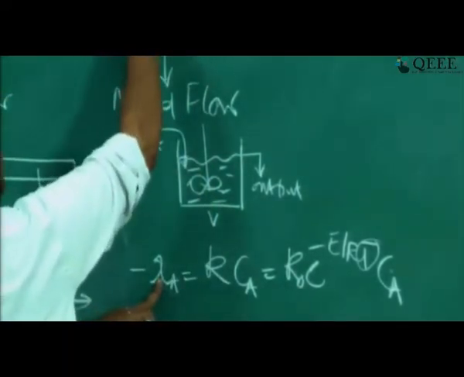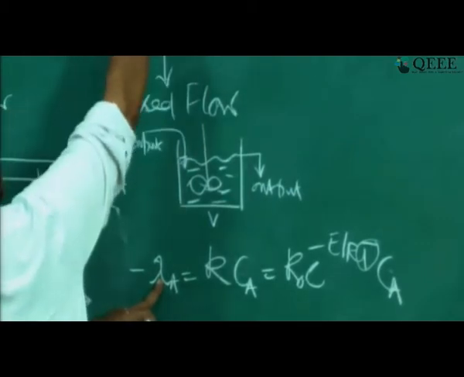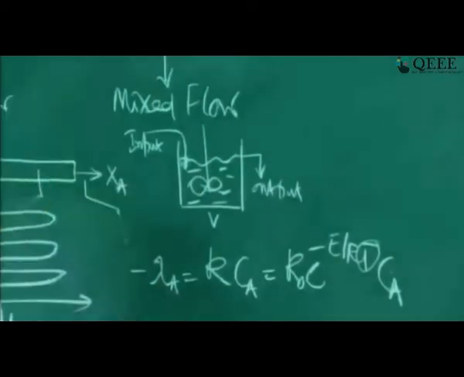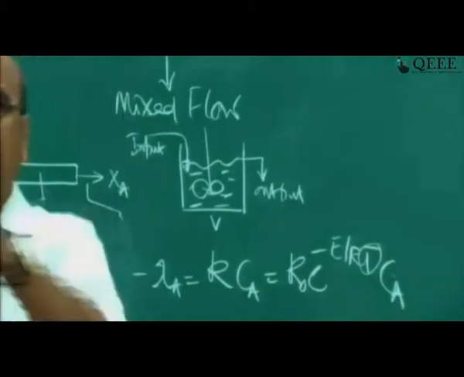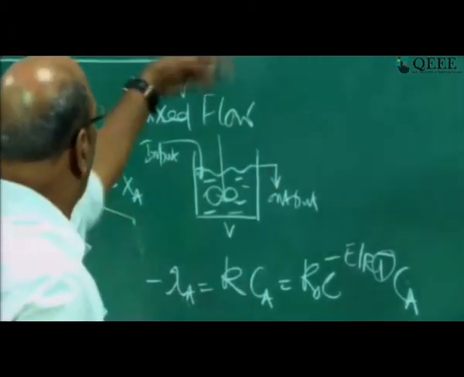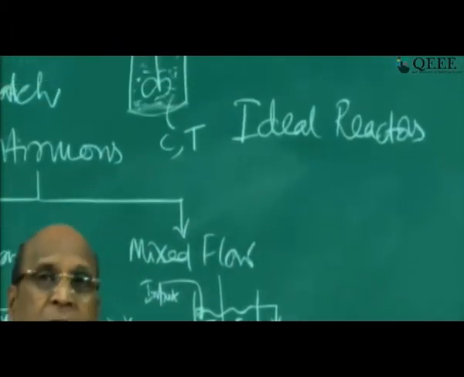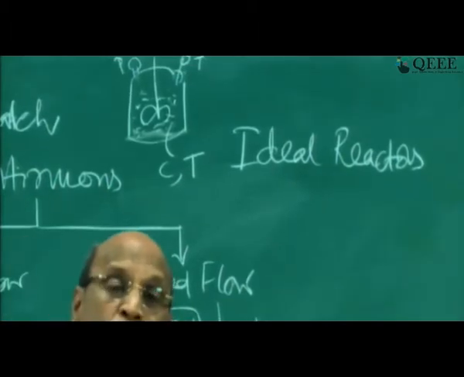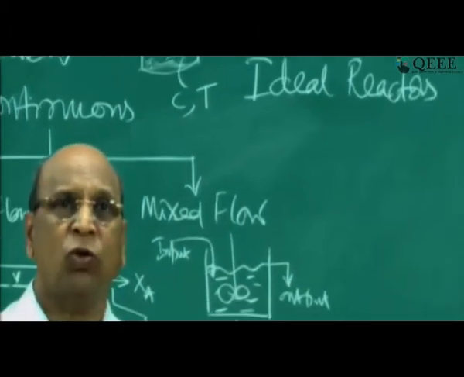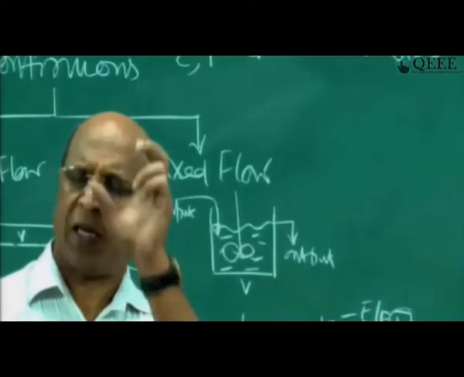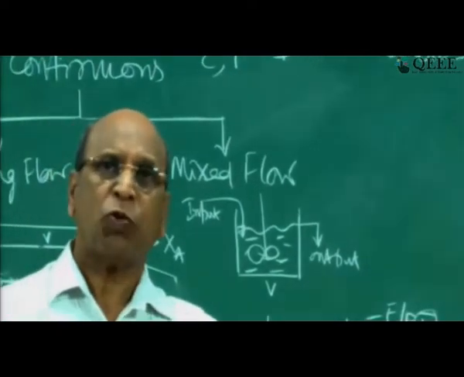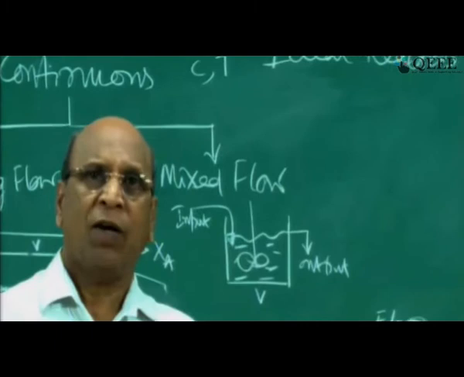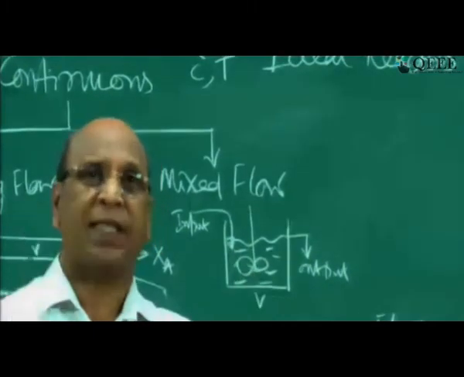Here I may have a rate, here I may have a rate. So you have different rates at various points inside the reactor. Now for me to find out the average rate to write the material balance is very difficult. That's why we assume that we have an ideal batch reactor.